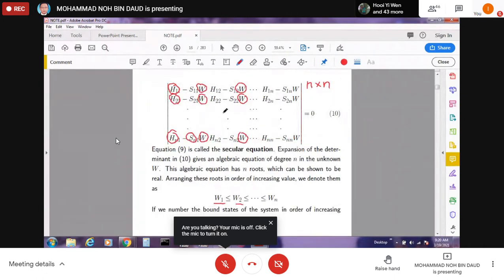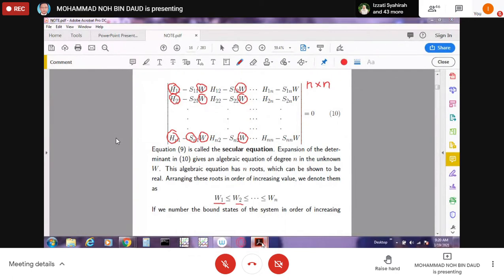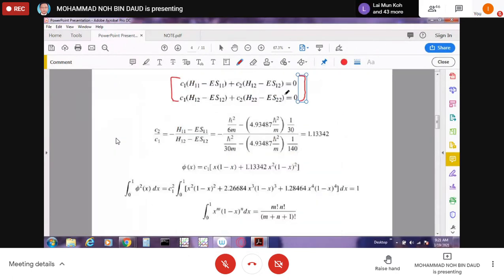So this is the non-trivial solution for the simultaneous equations. When we substitute into the variational integrals, we can get these two simultaneous equations with these two unknowns C1 and C2. We want to find the best values of C.